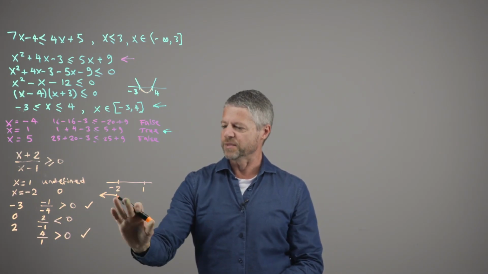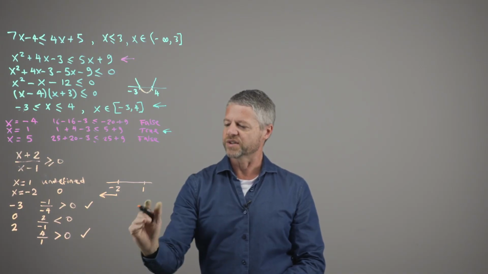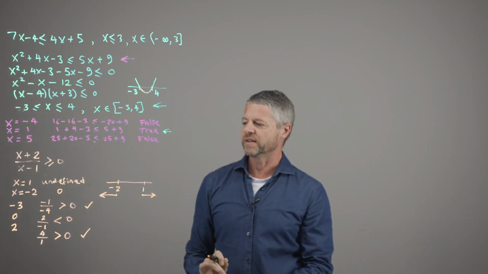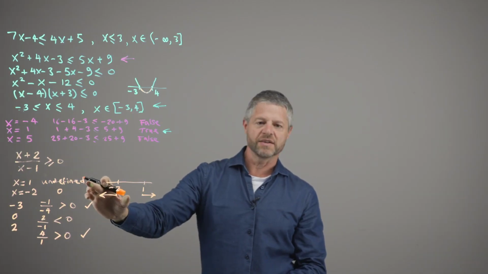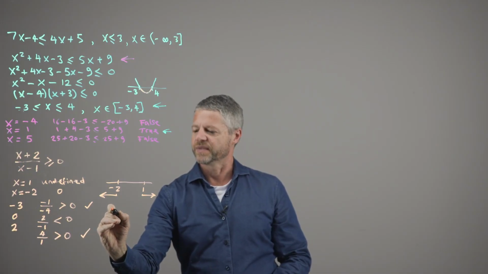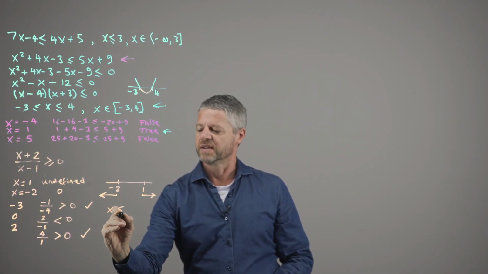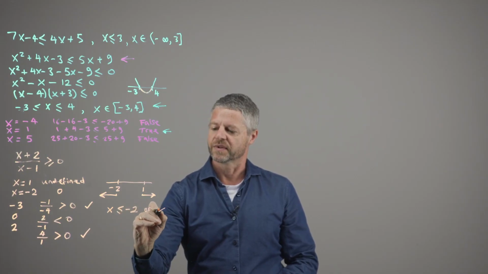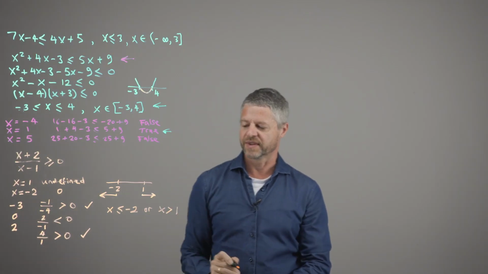It doesn't work in between, and it works on the right-hand side, but not including the value 1, because at the value 1 the function is undefined. So x is either less than or equal to -2, or x is bigger than 1.